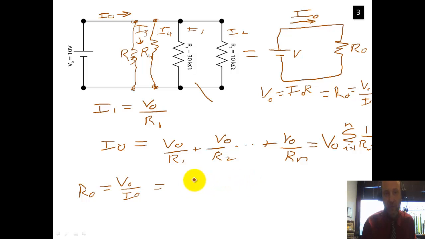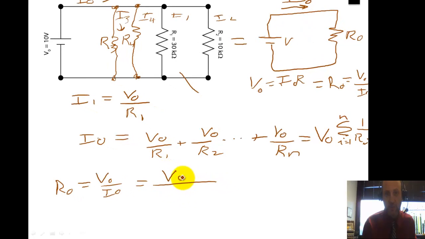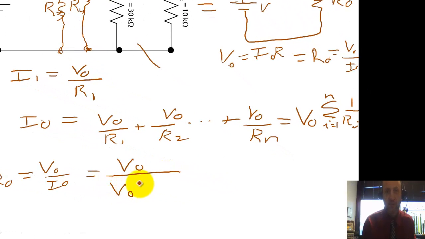We've got V naught on top, and we plug in I naught, we get V naught again times that summation, i equals 1 to n of 1 over Ri.